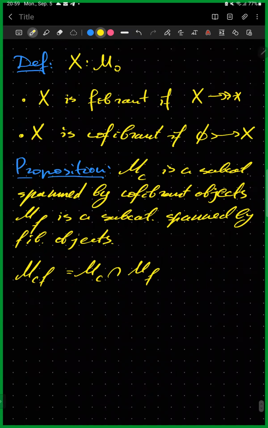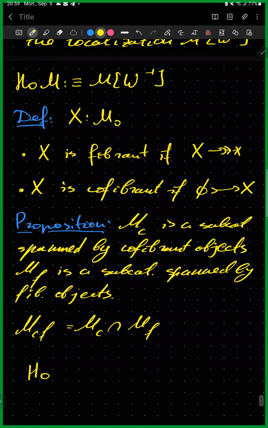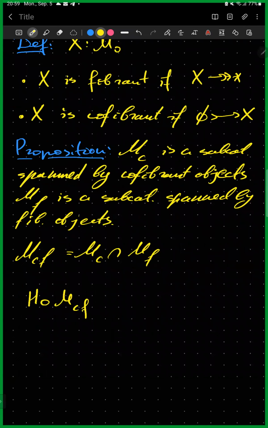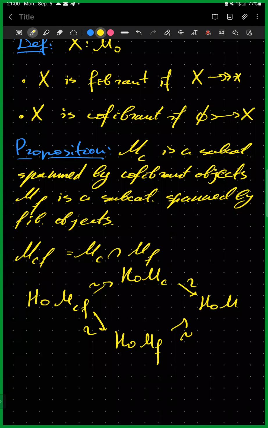Then we have the following commutative square, where each arrow is an equivalence of categories. Here, these functors between homotopy categories, or localizations, are induced just by inclusions of the respective subcategories into larger categories.